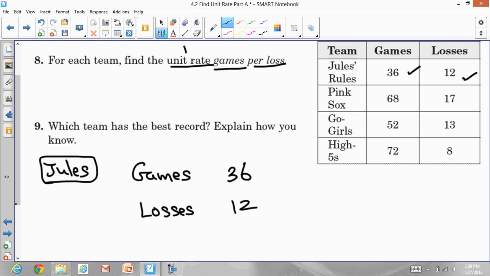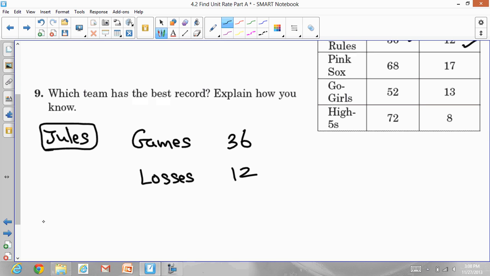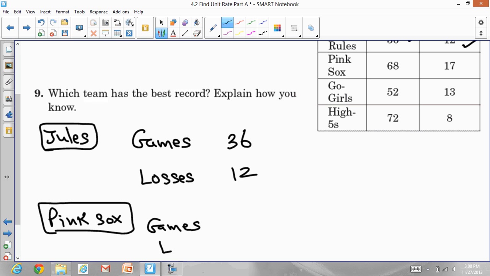Now let's do the same thing for the Pink Sox. Games and losses. So Pink Sox games is 68 and their losses are 17.